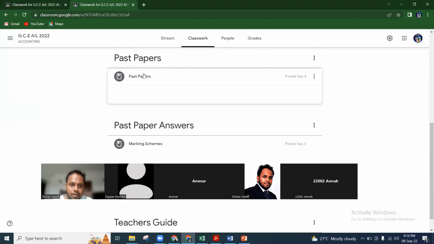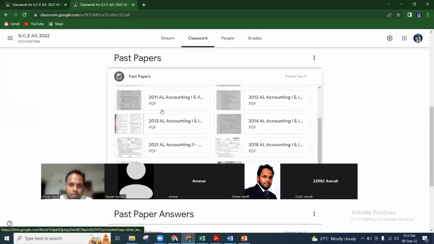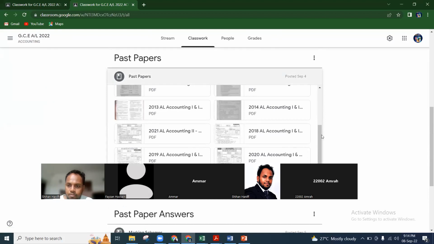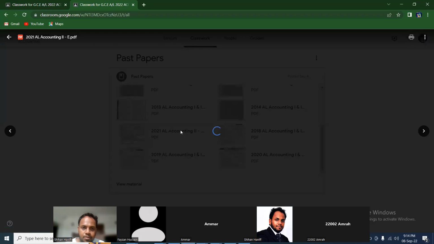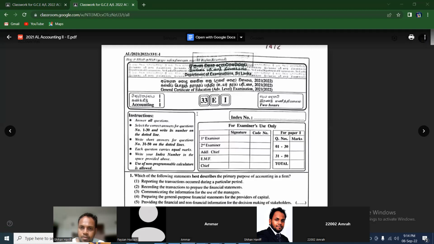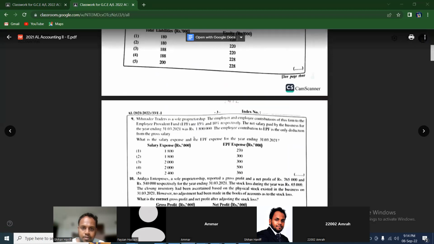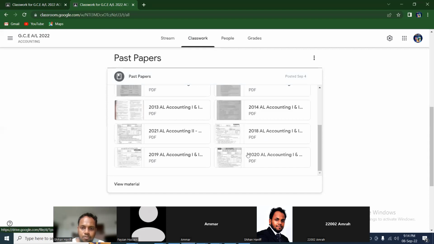Past papers. In this, you have 2000. Some students asked for 2020 and 21. It's there, 21 and 2020. You can get it from here. Right? It's here. 2020 also.